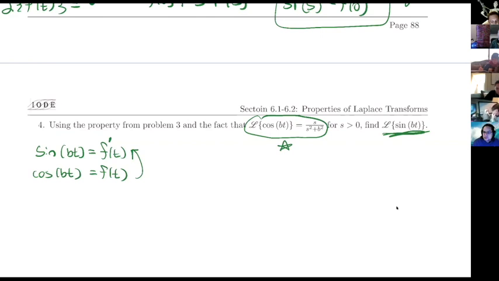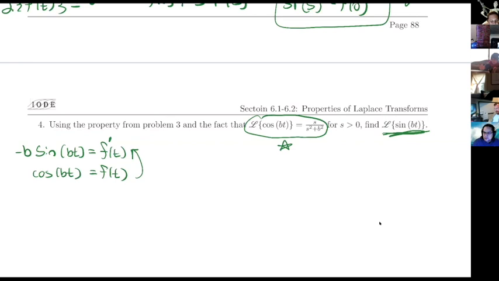So if f of t is cosine b t, then what would I get if I took the derivative of that? You would get a b in there. So if you took the derivative of cosine, you'd have negative b sine bt. Yeah. So we have minus b over there. That's right.